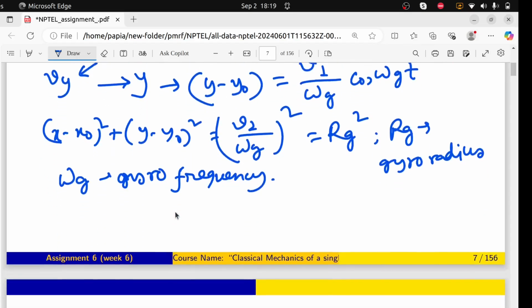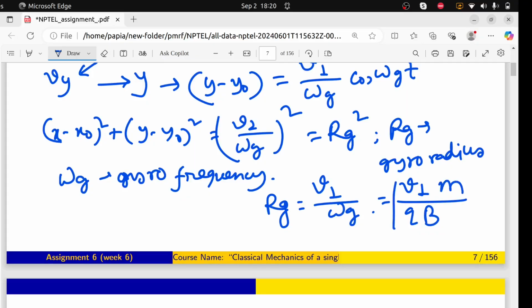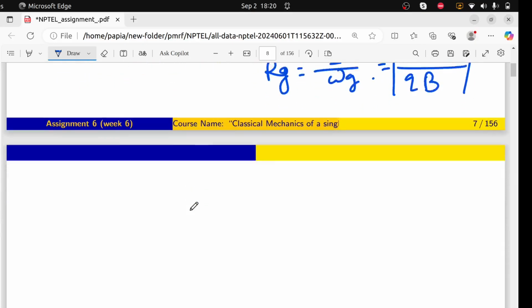Okay, so rg has the expression V perpendicular by omega z, so it is like V perpendicular by qB by m. So this will be a mod value because rg cannot be a negative value.